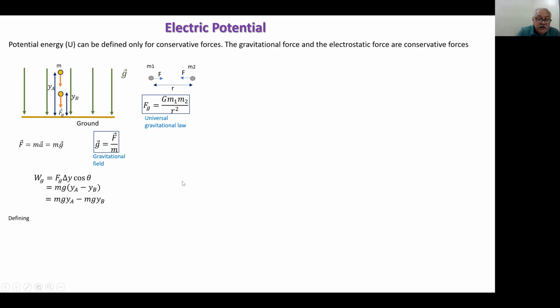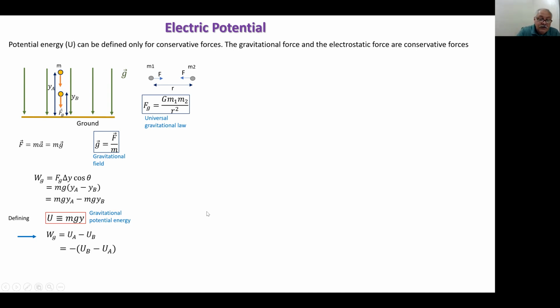Now let's define this quantity mgy as gravitational potential energy, correct? And substitute this value in the previous equation. What do we have? The work done by gravity is equal to the gravitational potential energy at A minus the gravitational potential energy at point B. Also, we can switch these values to use the concept of change.